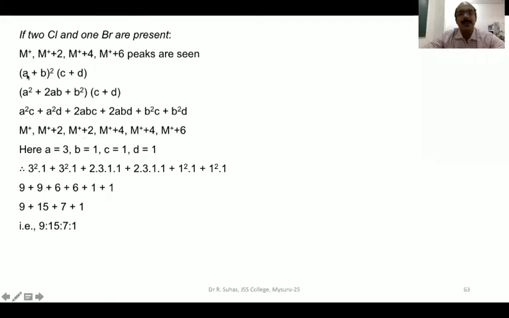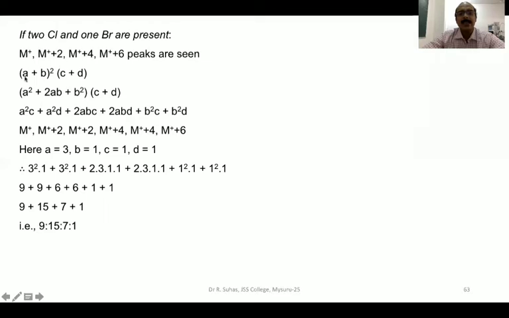In ABD, one is light, 2 are heavier, that's why it becomes M+4. So you have to give the higher mass unit. Next is B square C: there are 2 heavier isotopes, 1 light isotope, so we give M+4. The last one is B square D. Here B and D both are heavier and there are 2 B's, so it should get the highest value, M+6.